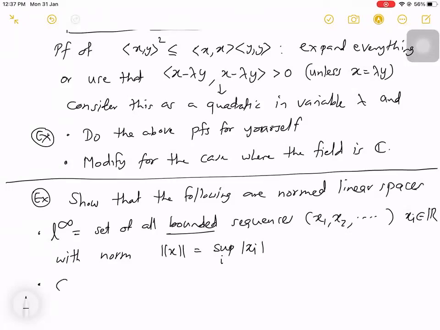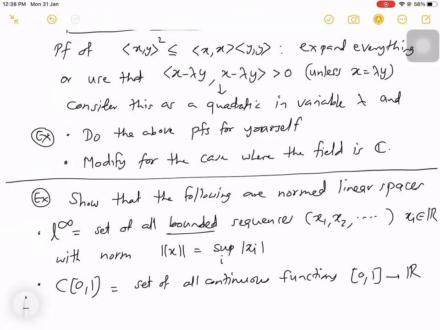And now here is another one, C[0,1], the continuous functions from the closed interval. Closed is crucial. Closed interval [0,1] to R. And you see, in some ways, this is really the same example again and again. With what norm?